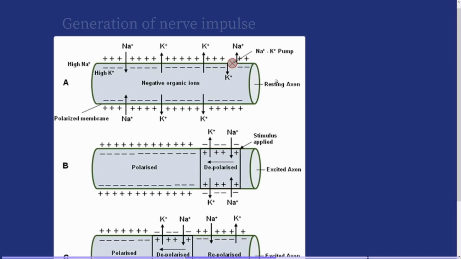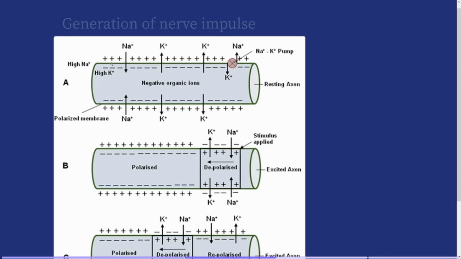As you can see, in a resting axon, there is high K+ in the ICF, which is the fluid present inside the axon, and high Na+ concentration outside the axonal membrane. This gradient is maintained by two things. First, there is the Na+/K+ active pump, which through active transport pumps 3 Na+ outside and 2 K+ inside. So that's why there is a high K+ concentration inside.